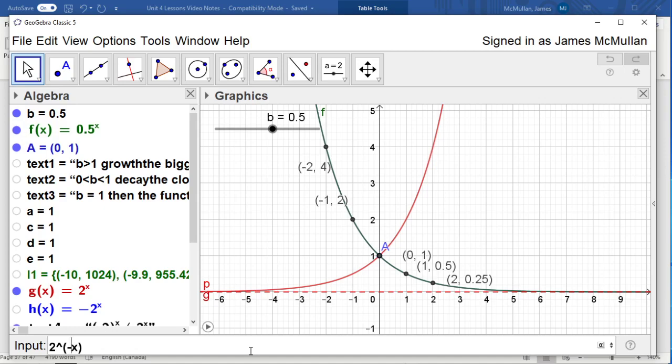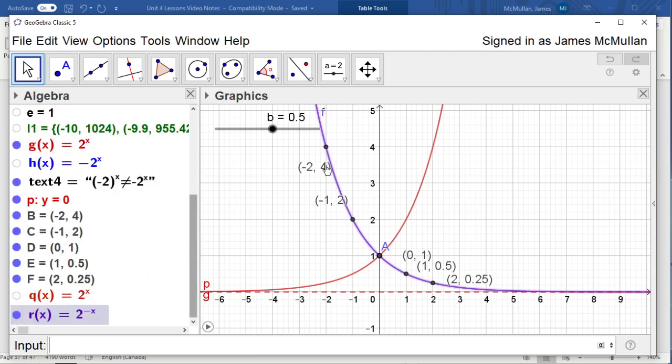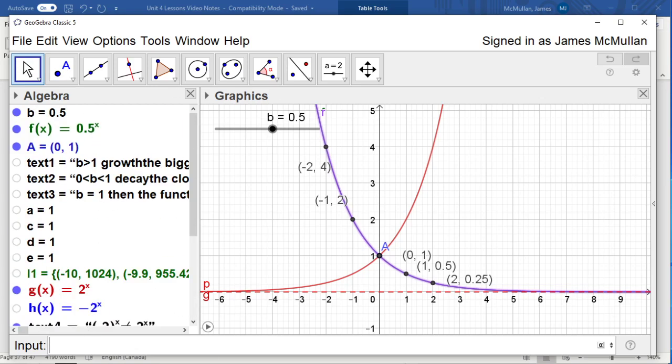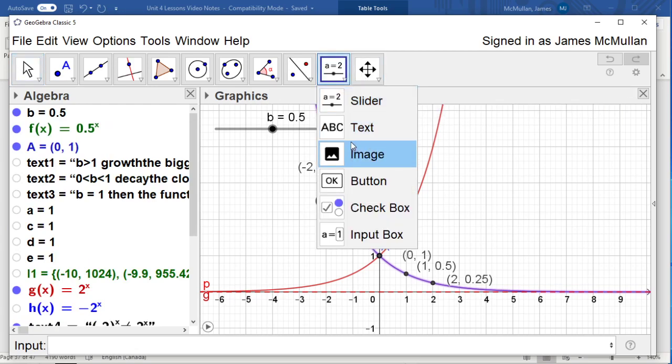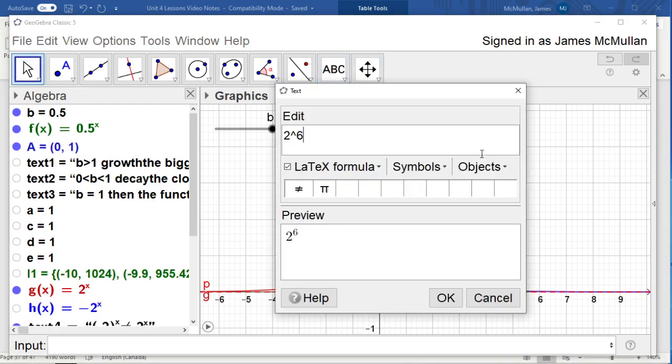Because the k, remember k is what flips it from left to right, and k is the number right beside x. So if you draw 2 to the power of negative x, you get the same thing as 1/2 to the power of x, 0.5 to the power of x. So what we should write down here is that 1/2 to the x is also equal to 2 to the negative x.